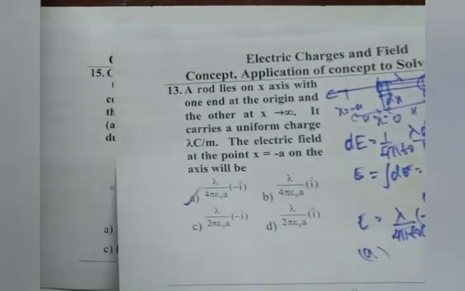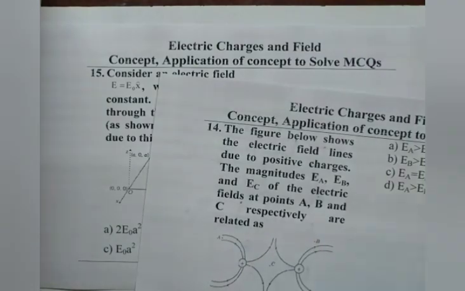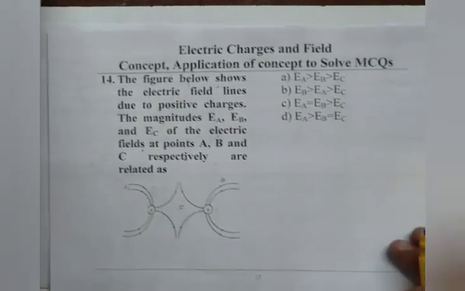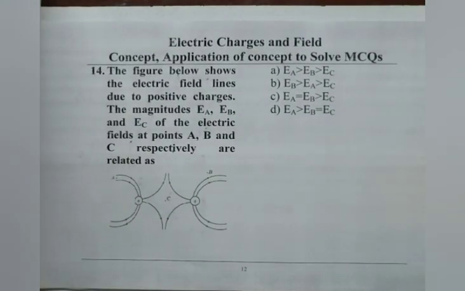We proceed on to next question, 14th one. Say here regarding the flux, electric field lines, we solve this. We read, the figure below shows the electric field lines due to positive charges. The magnitudes EA, EB and EC of the electric fields at points A, B and C respectively are related.